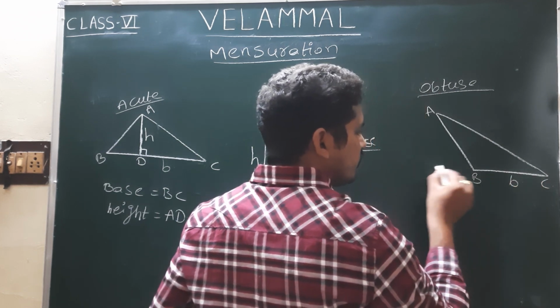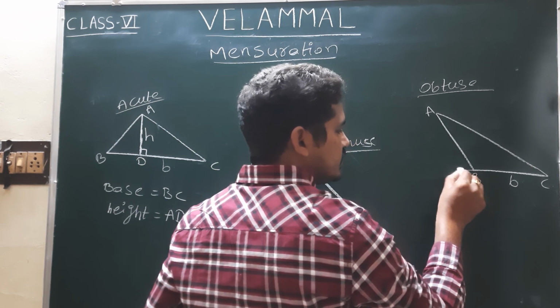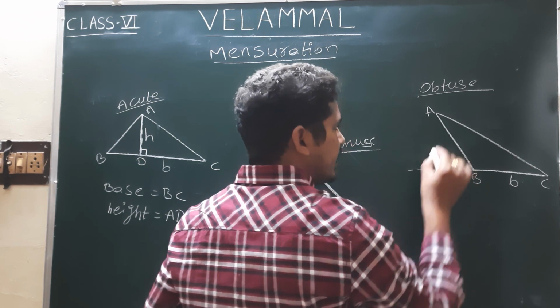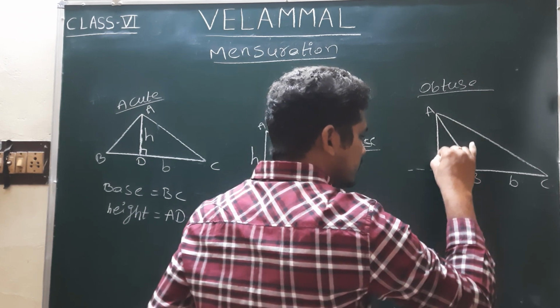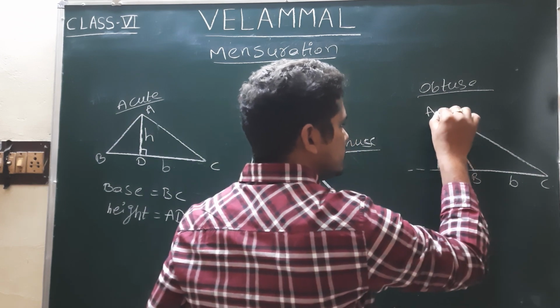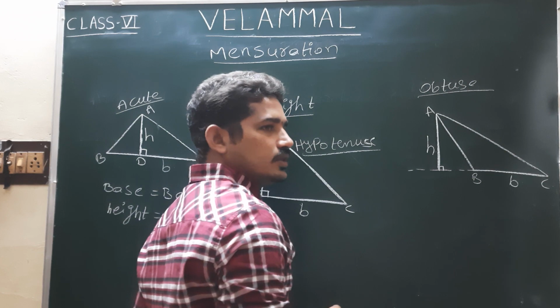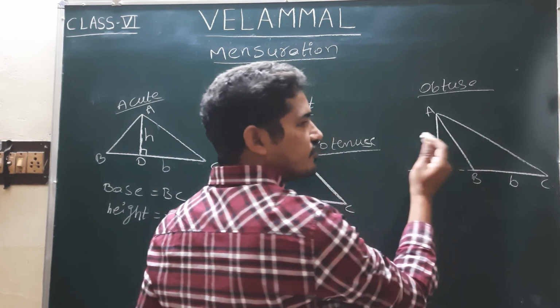So to take the height, we need to extend this BC to this side, and from here we need to take the right angle. This is called the height of the triangle. Okay, this is outside of the triangle.